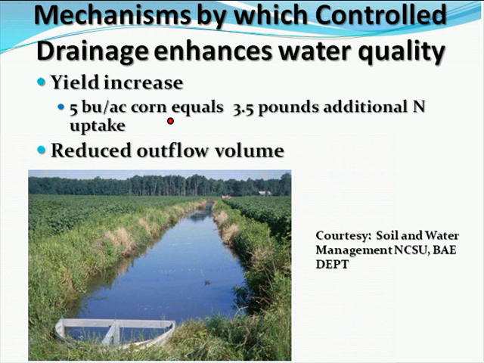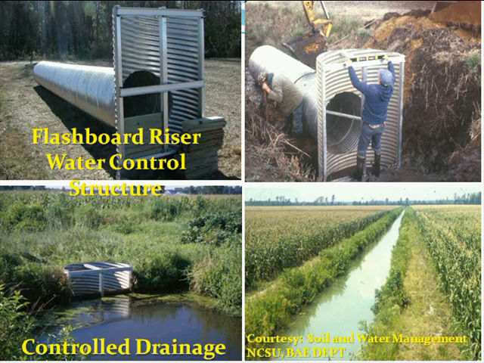Some numbers from North Carolina State would indicate that possibly a 5 bushel per acre corn yield increase, if you achieved one, would be equivalent to about 3.5 pounds of additional N uptake from the field. And then the primary benefit or reduction in N that you can really count on for certain would be a reduced outflow volume if you get enough rain that you're going to have a drainage system. Let me back up.